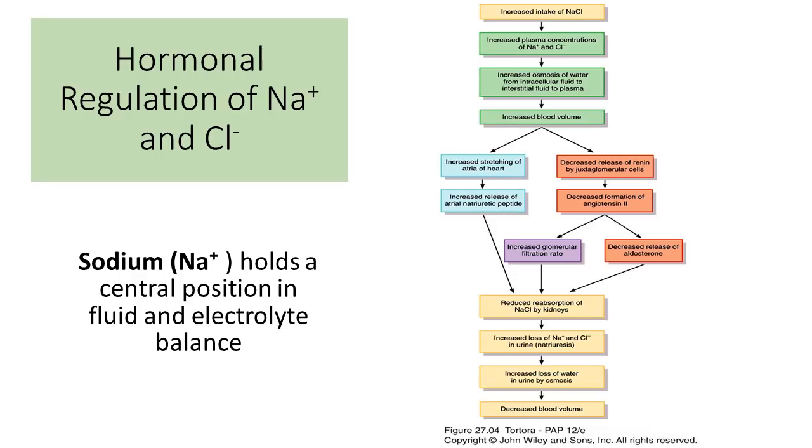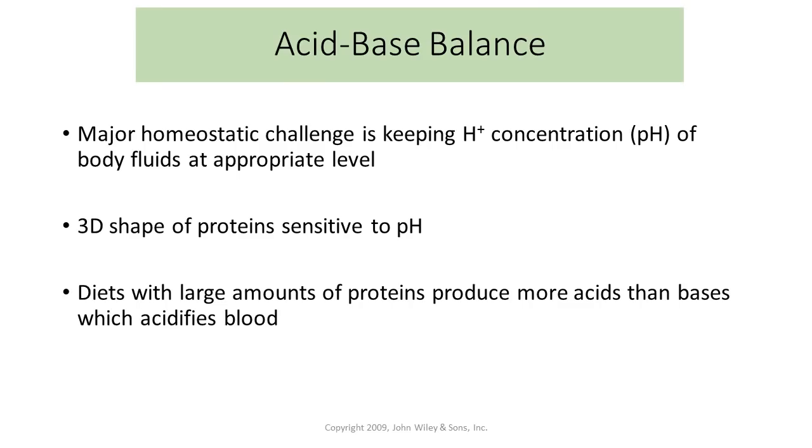We're now going to look at acid-base balance within the body and how the body is able to maintain homeostatic levels of pH of the body fluids. This is a major homeostatic challenge because most metabolic reactions that occur in the body create acids.